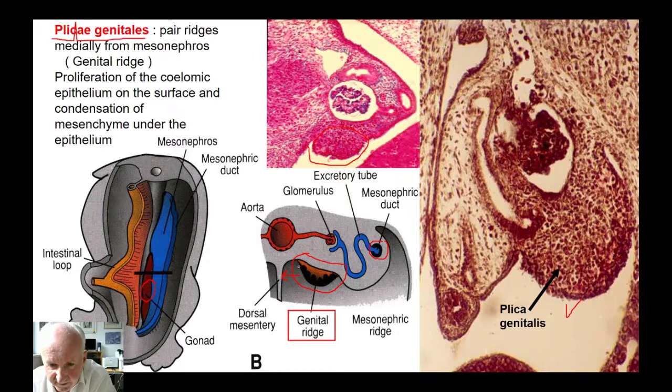On the surface is the proliferation of the coelomic epithelium, and under the coelomic epithelium is the mesenchyme. Yes, so you see it at this moment. Here is the surface coelomic epithelium, and here is the mesenchyme under.